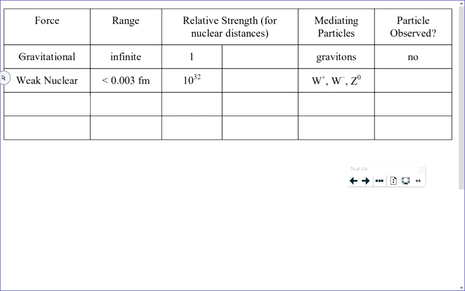So when we looked at beta decay, and you can go back in your notes to convince yourself that what I'm going to tell you is true, in beta decay, a neutron changes to a proton, an electron, and an antineutrino. That happens because inside of the nucleus, these W and Z bosons are being exchanged by other particles.